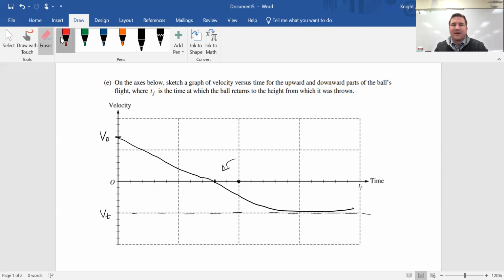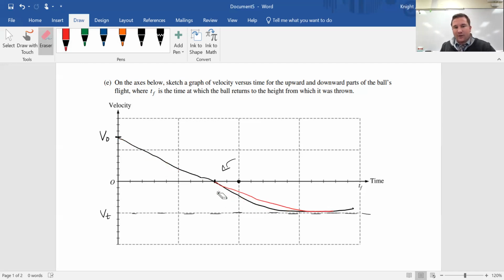It's hard to draw nice, flat, straight lines with this. It could be more gradual. It doesn't have to be that dramatic shift that I made. Maybe more like this. That's kind of what I was trying to do.